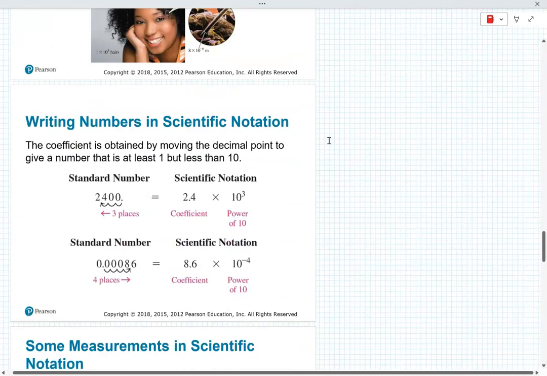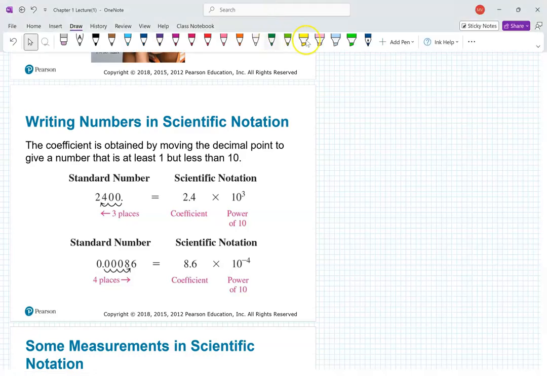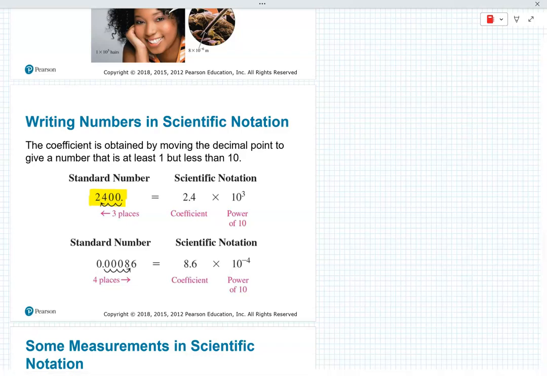Remember that if you have a number like this, 2400, we don't put a decimal point to the right, but it's still there. So if we want to make it shorter, you take the decimal point and move it so it creates a number in the beginning like this.